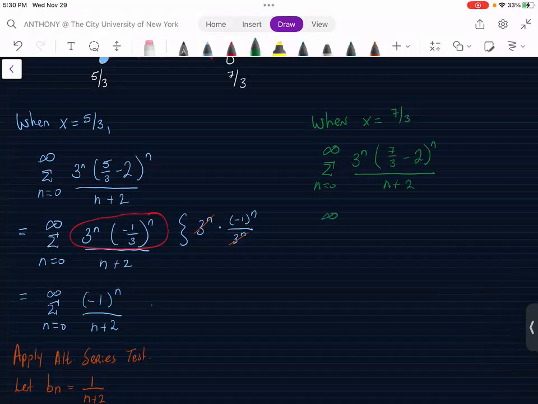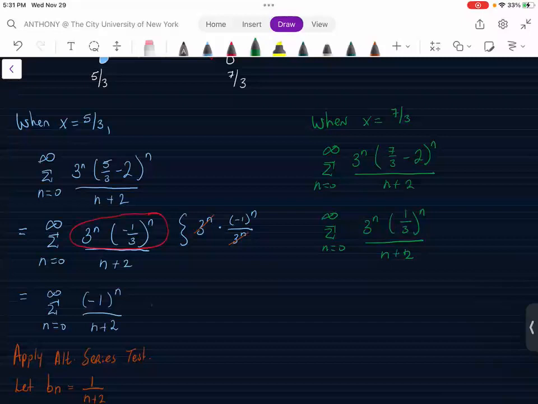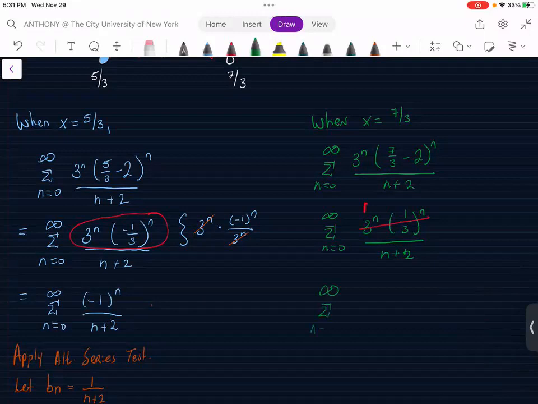So you're going to get the series from n equals 0 to infinity of 3 to the n times 1 over 3 to the n, over n plus 2. What do you think is going to happen to the 3 to the n and 1 over 3 to the n? They're going to cancel out, right? You're just going to be left with the 1. So all of this in the numerator is going to become a 1, and you'll have the sum from n equals 0 of 1 over n plus 2.